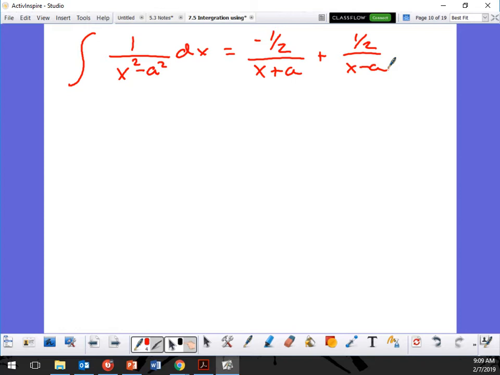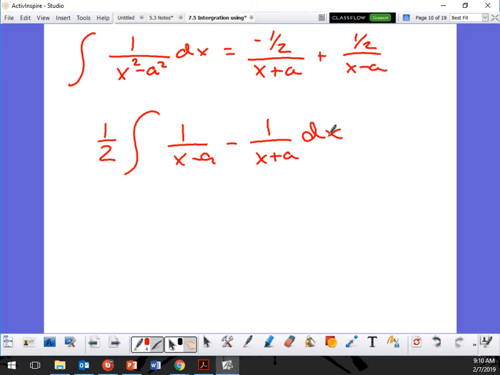So it's going to be a 1/2 on the outside, and I'm doing the integration of 1 over x minus a, minus 1 over x plus a, dx. Now I'm down to the first degree, a linear in the denominator.